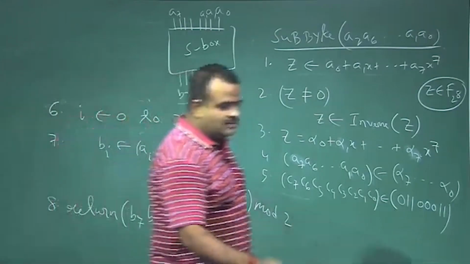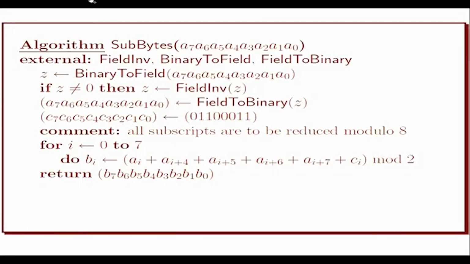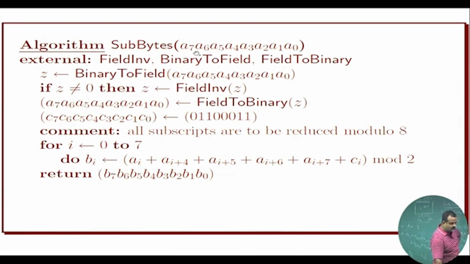Can you go to the slide, please? Yeah. So, this is basically the code we have discussed. We are taking the bits A0, A1, ..., A7. So, this is 8 bits. What we are doing is performing the binary to field conversion. This is the binary bits, and the field element is A0 plus A1x and so on. Now, once we have the field element, if it is not 0, then it has an inverse.